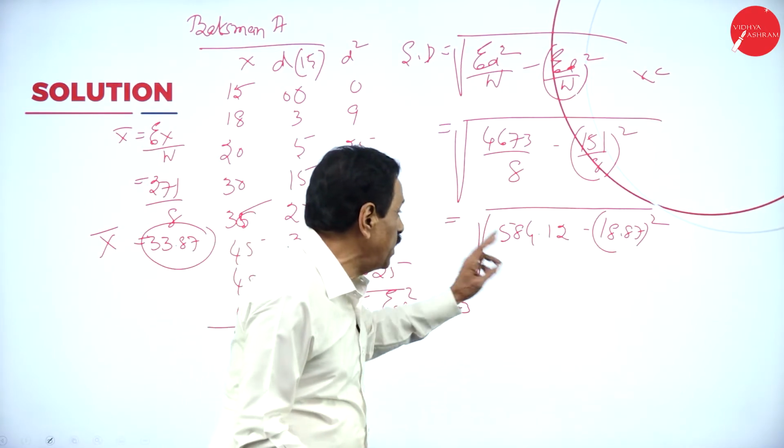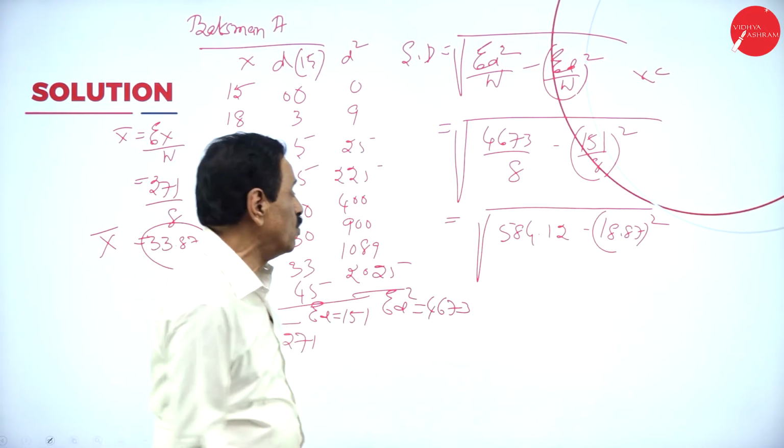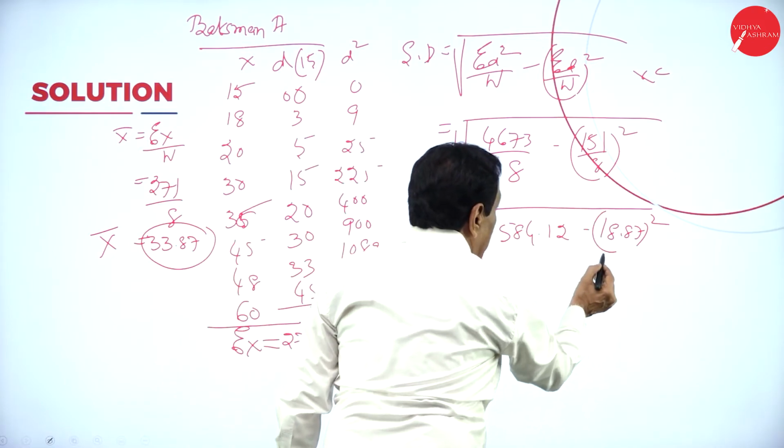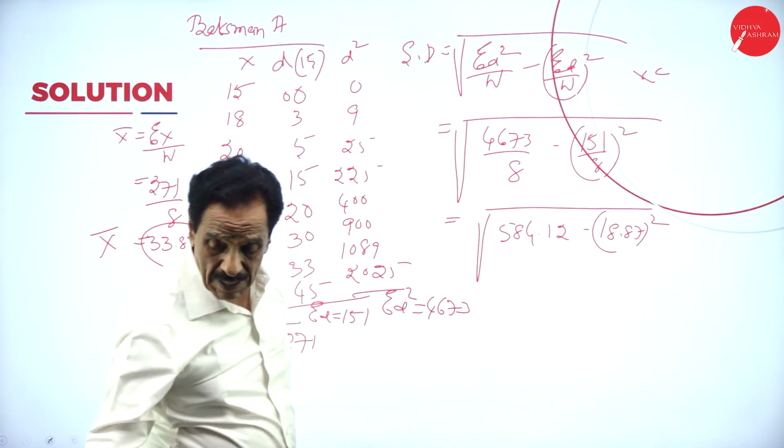4673 divided by 8 is 584.12. 151 divided by 8 is 18.87.